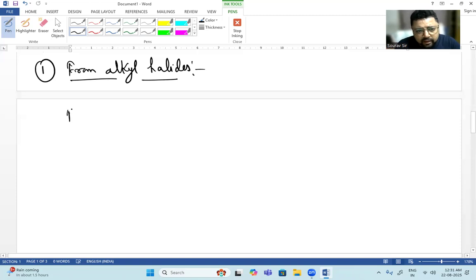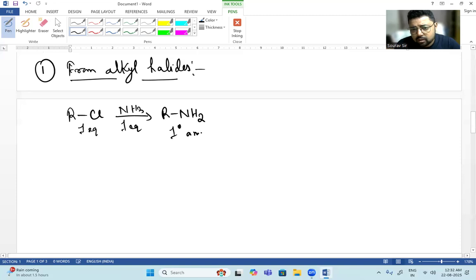Like if I have RCl, and I add NH3 here, one equivalent. For one equivalent of RCl, if I add one equivalent of NH3 over a solvent like DCM, I will get RNH2. Okay, this is 1 degree amine. But if I have some excess of RCl, like a second equivalent of RCl, then I will get 2 degree amine.